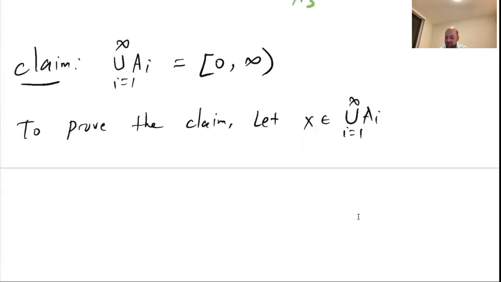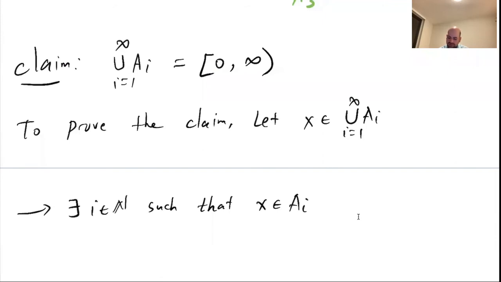Now I'm taking X inside my union, so that means X is inside at least one of these AIs, so there exists I in N such that X belongs to AI, and AI, well, let me say J because I is already used.